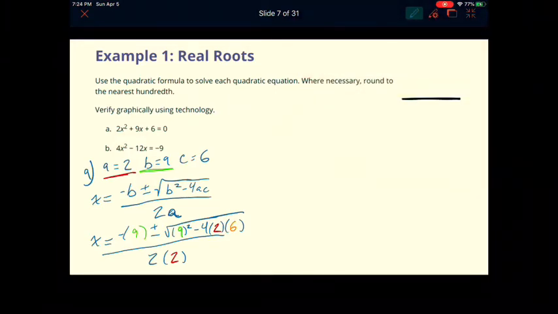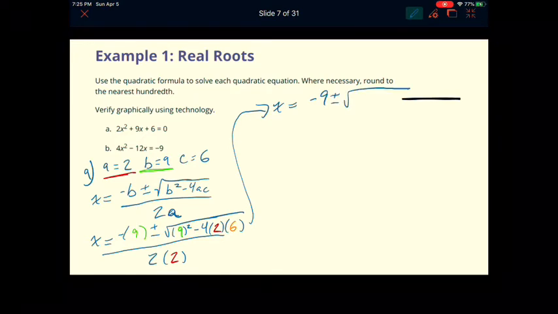Now you can start combining stuff a little bit easier. So I can drop my bracket here and make that a -9. Make sure I've got my plus or minus square root of. So I can do both sides of that minus sign kind of simultaneously. 9 squared is 81 minus 2 times 4 is 8 times 6 is 48 all over 4.